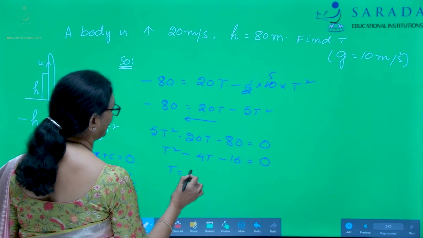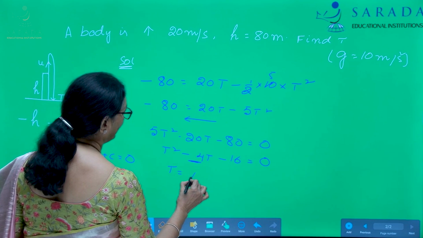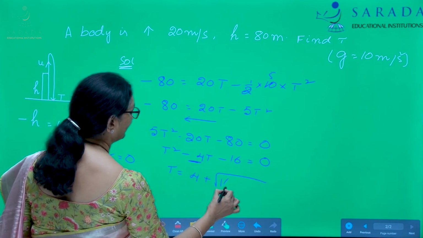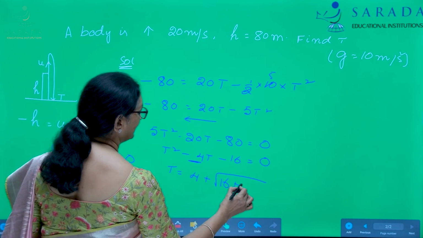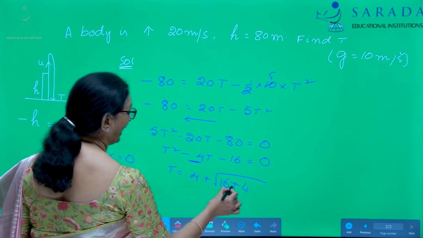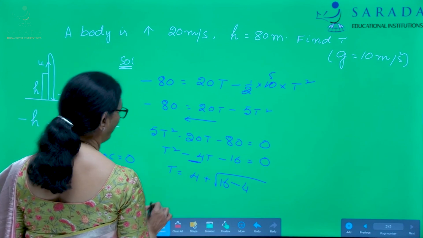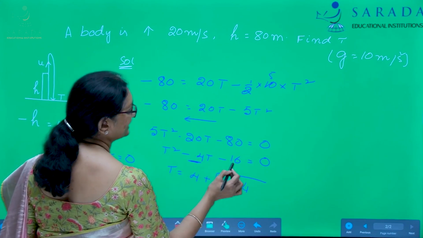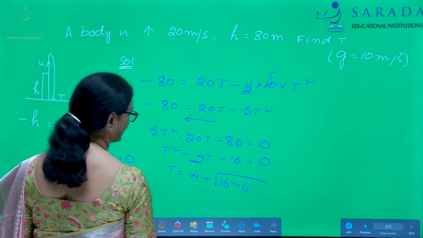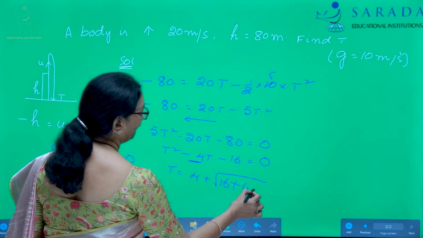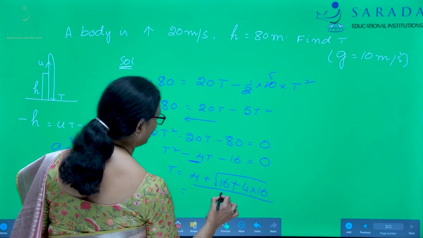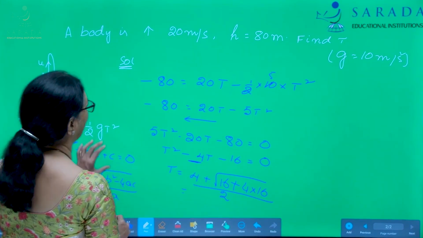So, t is equal to minus b, which is minus of minus 4, plus or minus root of b square minus 4ac. Here a is 1, c is minus 16, minus of minus becomes plus, so it becomes 4 into 16, divided by 2, a is 1 here.